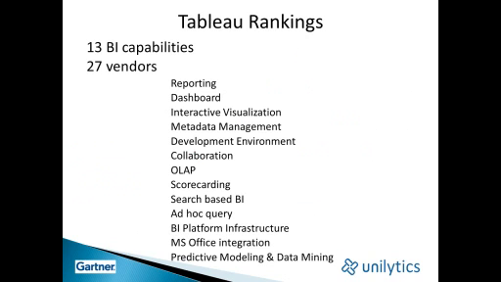Looking specifically at the things being ranked, there were 13 business intelligence capabilities scored from 27 different suppliers. And this is how Tableau scored. They were number one out of 27 on reporting, dashboards, interactive visualization, and metadata management, and number two on several others. So a very dominant position in this space.